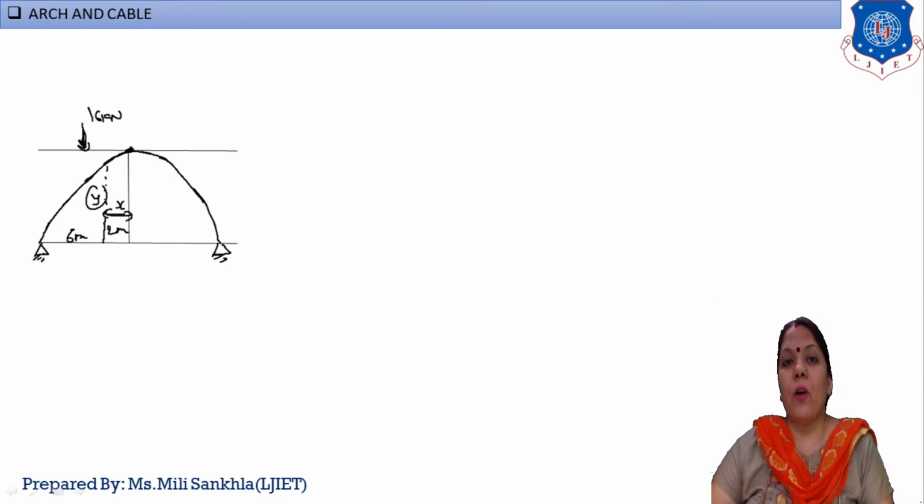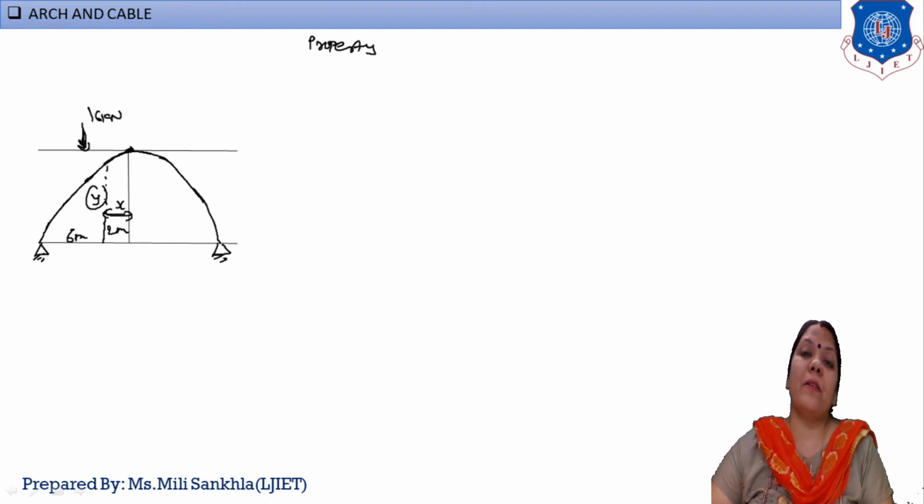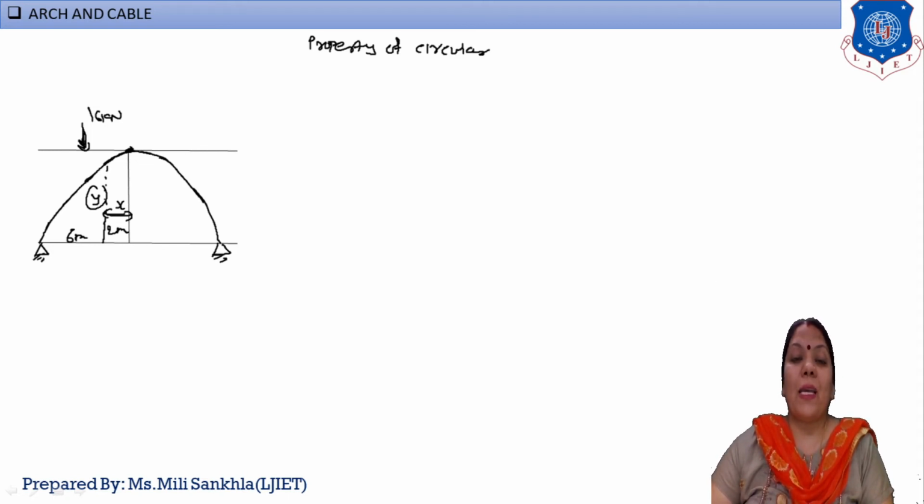Now we find out according to property of circular. Write down here property of circular. This equation we already discussed at the time of theory portion. Property of circular is equal to 2r minus r into L square by 4.